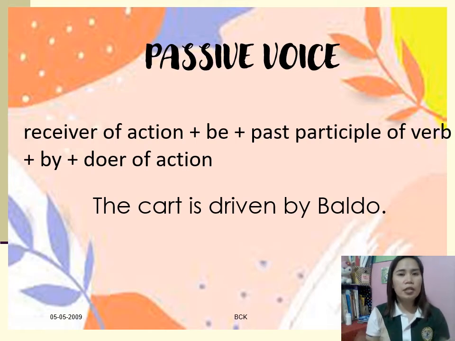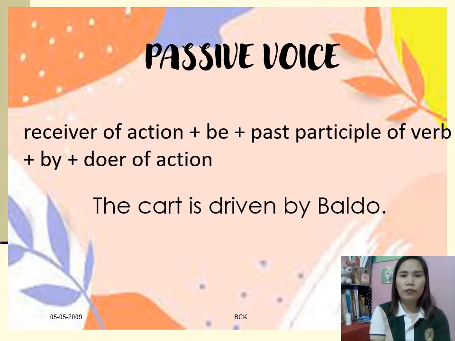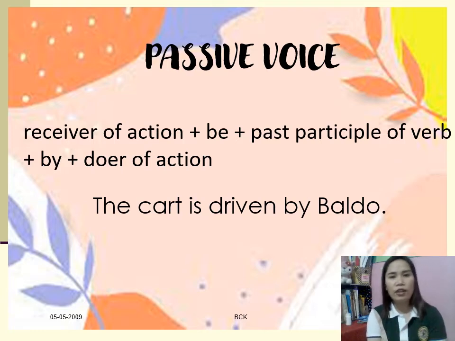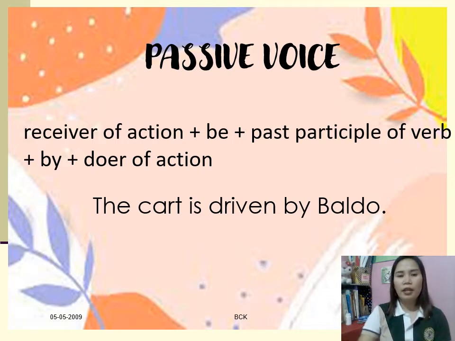Then the past participle, which is the V3 of the verb. For example, if your verb is give: give, gave, given. So given is the past participle or the V3. And followed by the doer of the action.